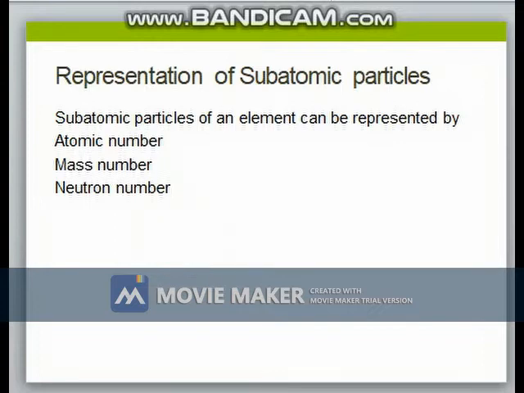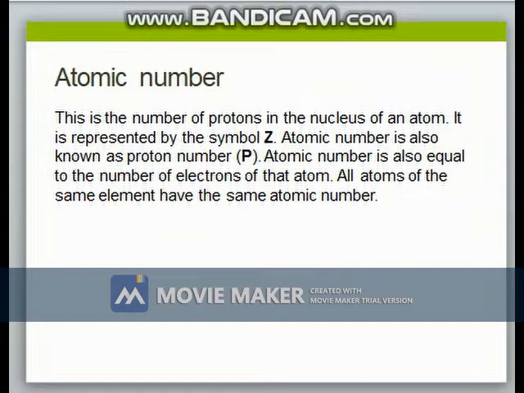It is represented by the symbol Z. Atomic number is also known as the proton number, where it is represented by P. Atomic number is also equal to the number of electrons of that atom. All atoms of the same element have the same atomic number.